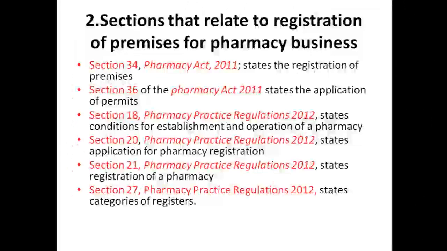Section number 18 of Pharmacy Practice Regulation 2012 states the conditions for establishment and operation of a pharmacy. Section number 20 of Pharmacy Practice Regulation 2012 states the application of pharmacy registration. Section number 21, Pharmacy Practice Regulation 2012 states the registration of a pharmacy. And section number 27 of Pharmacy Practice Regulation of 2012 states the category of registers.